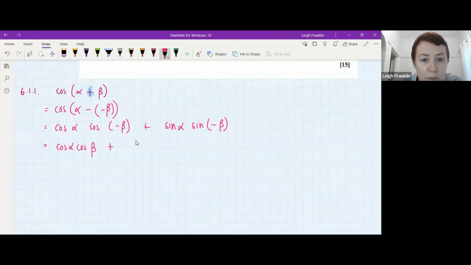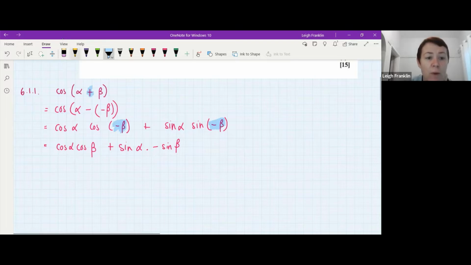With sine minus beta we end up with minus sine beta. Remember, when we're working with a negative angle, the terminal arm has come to rest in quadrant 4. That's why cos minus beta reduces to cos beta, and sine minus beta reduces to minus sine beta.